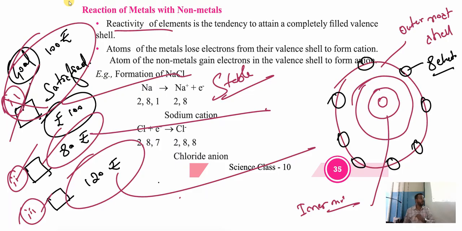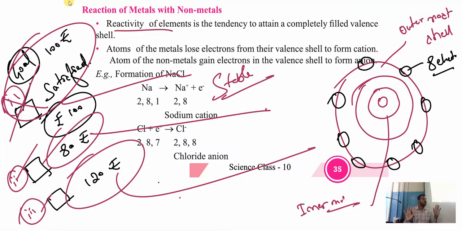Noble gases are those elements which already have 8 electrons in their outermost shell. So they neither donate nor accept. They are completely satisfied in their life. Clear? जब उनके outermost shell में 8 electrons आ जाते हैं, तो न किसी से कुछ लेते, ना किसी को कुछ देते.